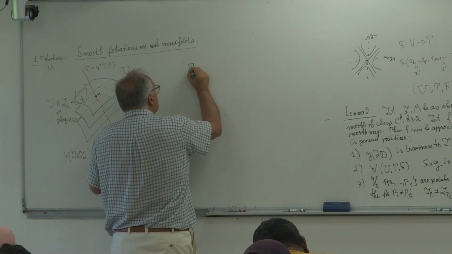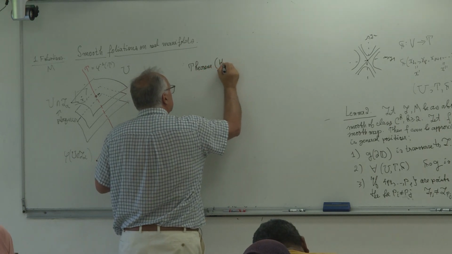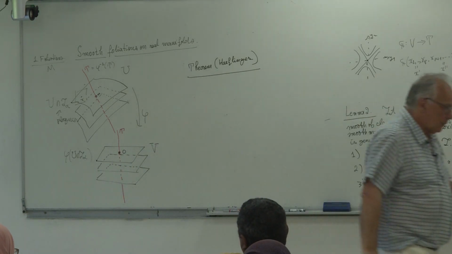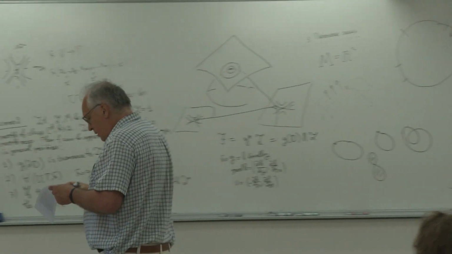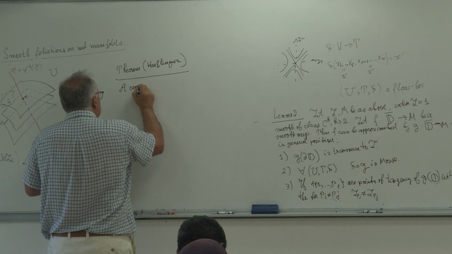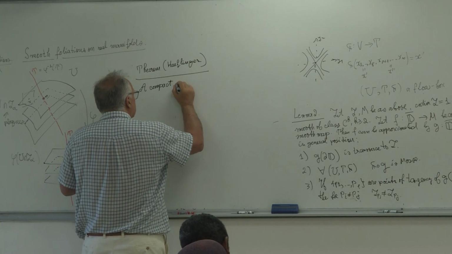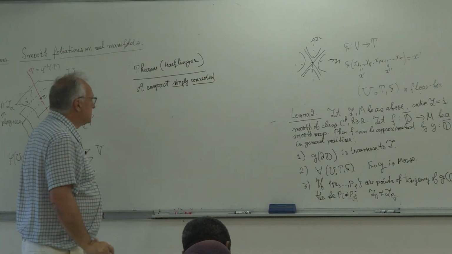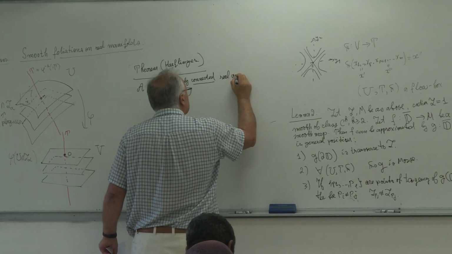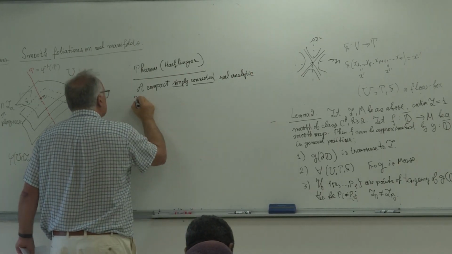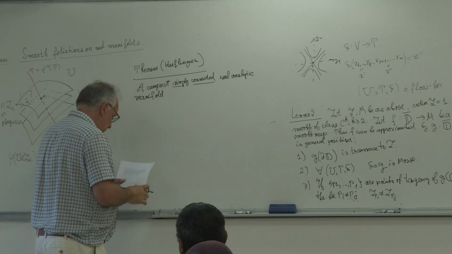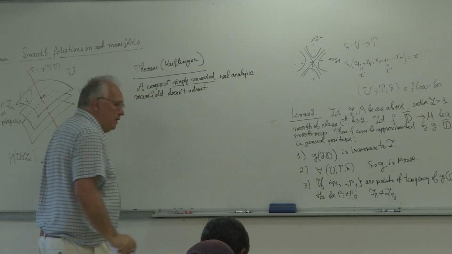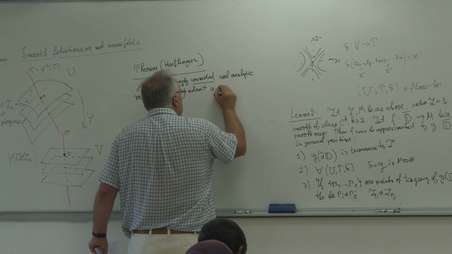So, theorem of Haefliger. A compact simply connected real analytic manifold does not admit a real analytic foliation of codimension 1.